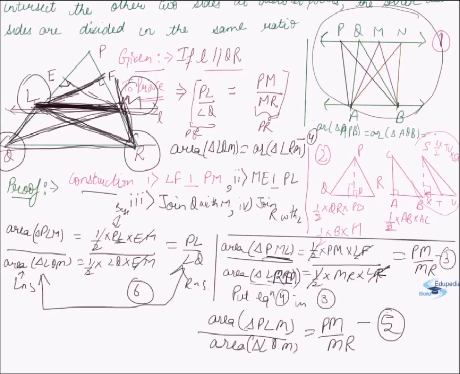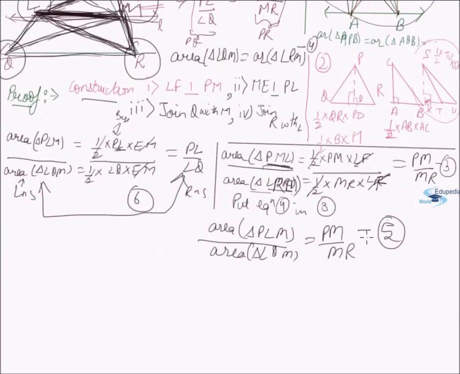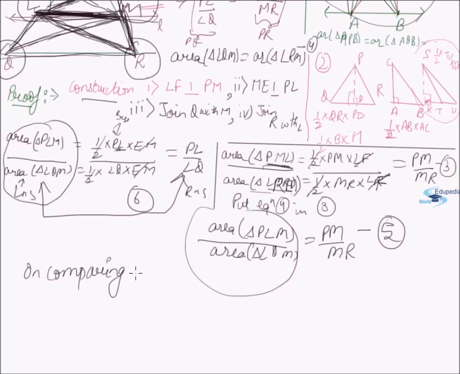If we inspect equations 6 and 5, their left hand side is the same. That is, area of PLM is in the numerator and area of LQM is in the denominator. So on comparing equations 5 and 6, the left hand side is the same, therefore the right hand side will also be the same.